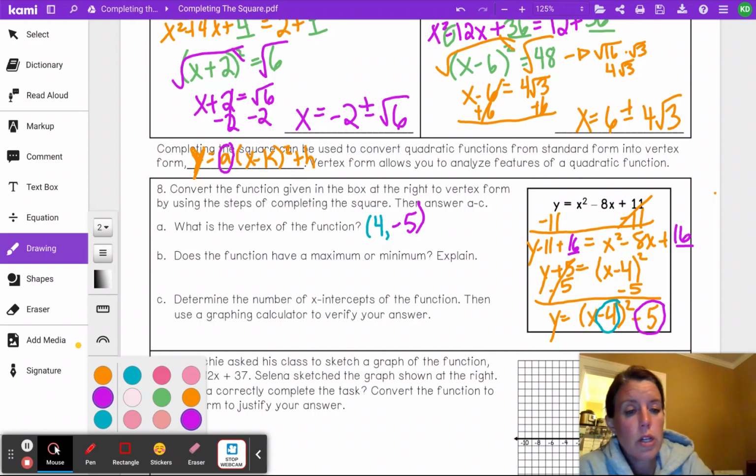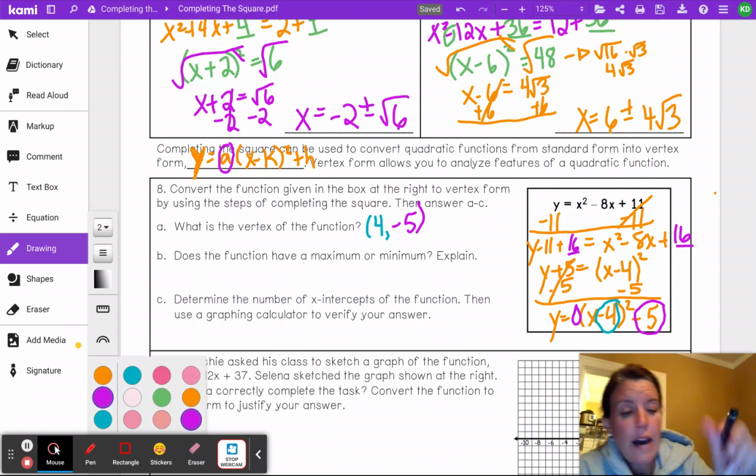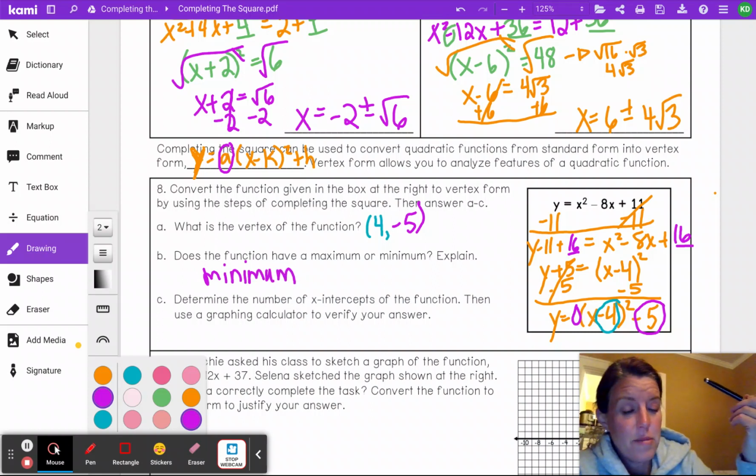So in this case, we look at our number right here. We don't see it, but we know that's a 1, and it's a positive 1. So that means we have a minimum.